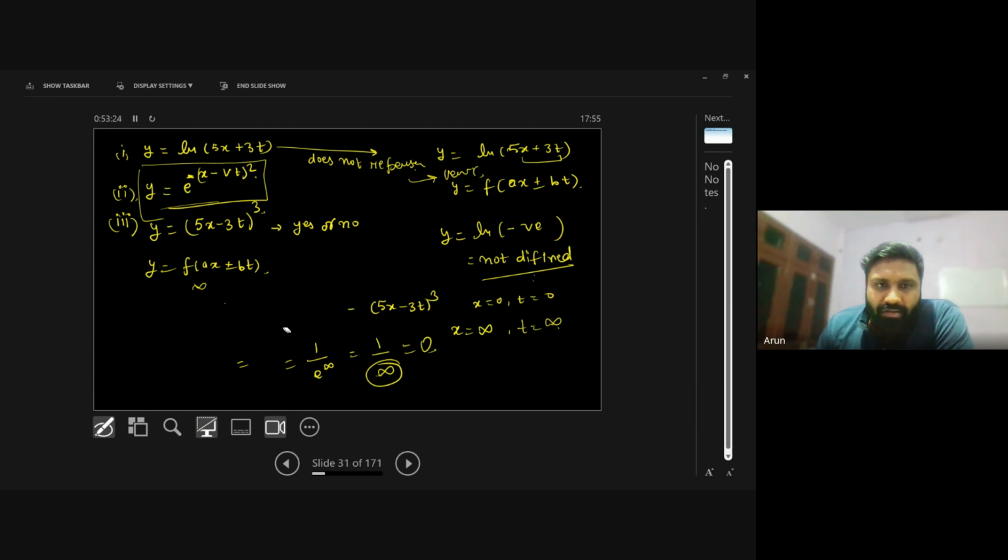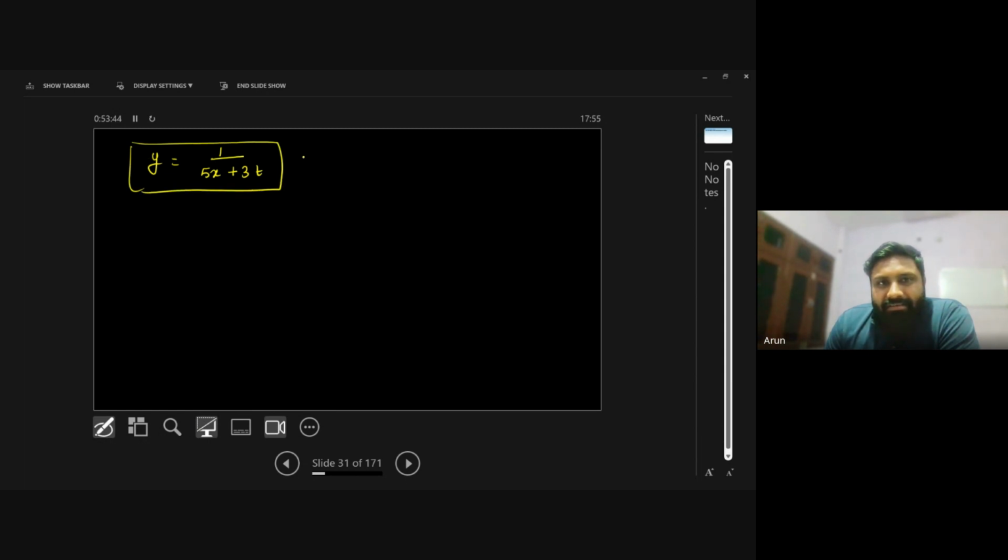Okay. So I'm giving you a homework. You need to check whether y is equal to 1 upon (5x plus 3t) represents a wave or not.